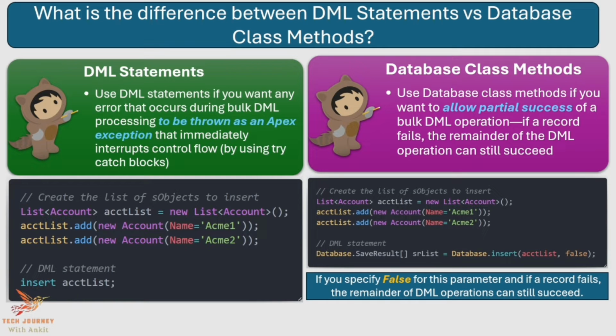The second parameter is very important, where I have put the value as false. False means it will allow partial success of records. If you specify false for the parameter and a record fails, what will happen? The remainder of the DML operation will still succeed.